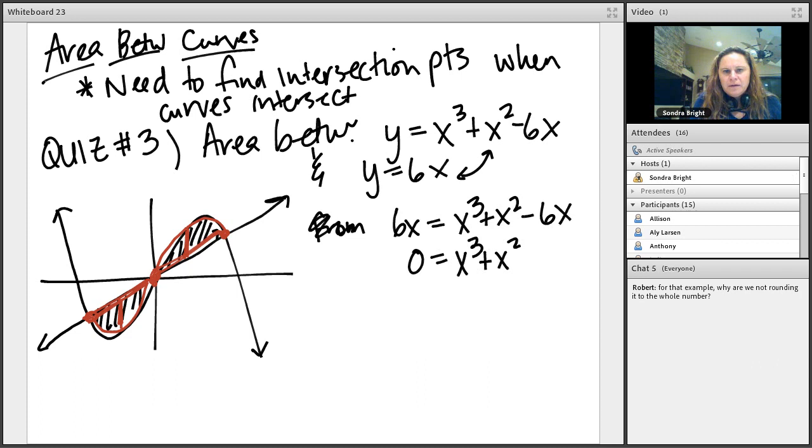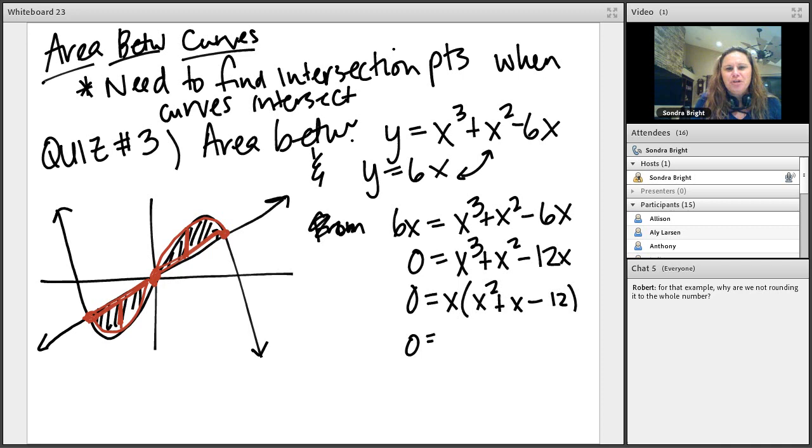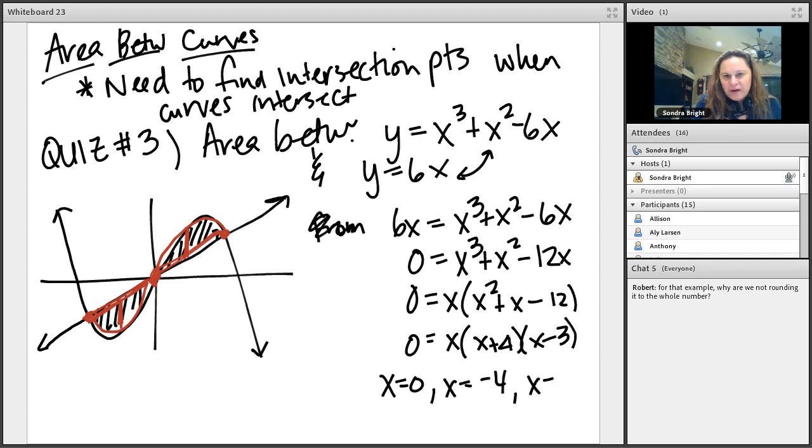Subtracting 6x, that'll give you x cubed plus x squared minus 12x. There's an x in common, and that factors so nicely: x times (x plus 4) times (x minus 3). So your intersection points happen when x is 0, when x is negative 4, and when x is positive 3.